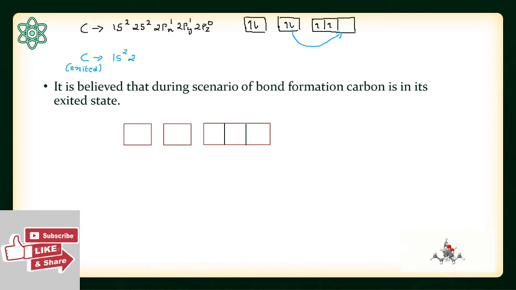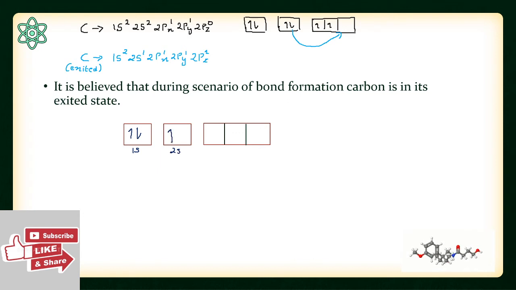1s2, 2s1, 2px1, 2py1, and 2pz1. Okay, so if we draw the box diagram, this will be 1s, with two electrons over here, and this is 2s.